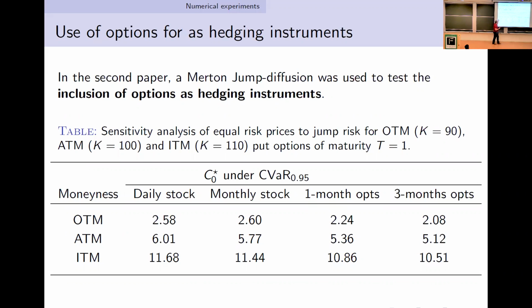And what we were mainly concerned about here is the out of the money option. So if we use the framework we presented earlier, we had a price of 2.58, and now we see that if we use options as hedging instruments, this pushes the price down in the equal risk pricing framework.